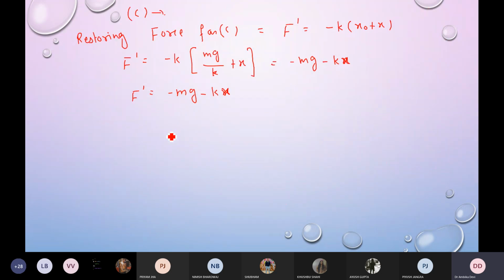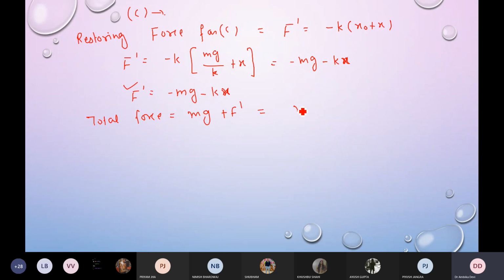So the total force acting on the mass m is given by: total force is equal to mg, which is acting downward, plus F dash.